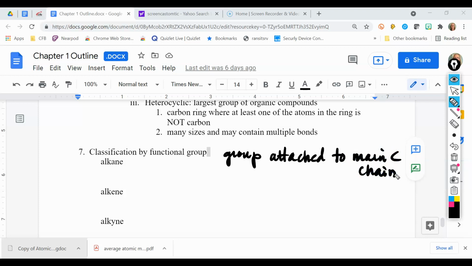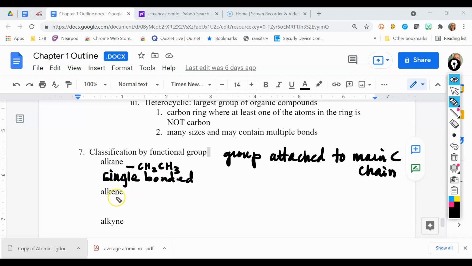It might be included within the carbon chain, or it might be attached on the outside of the main carbon chain. Okay, so if we have an alkane attached to the main carbon chain, that is usually going to be some kind of single bonded carbons attached to the main carbon chain.